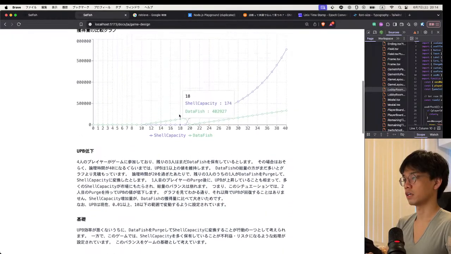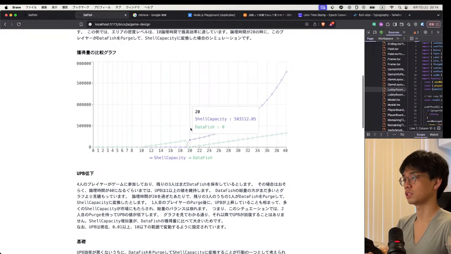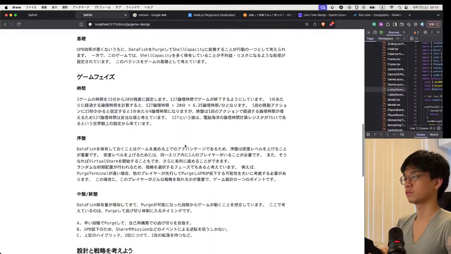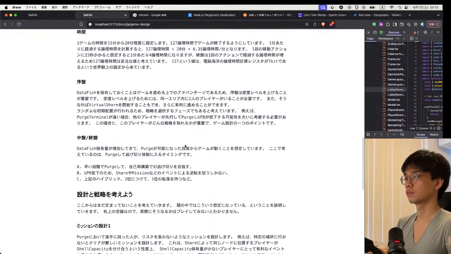As you see in this graph, other players go to the parse terminal and parse in advance, so UPB is going down.